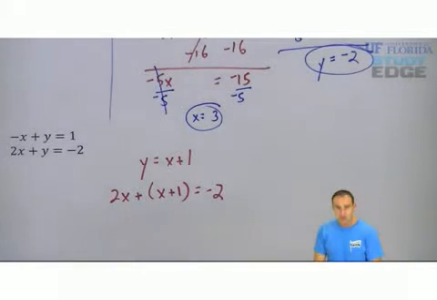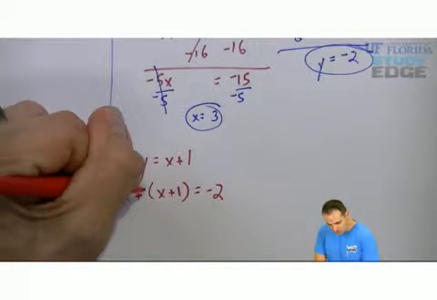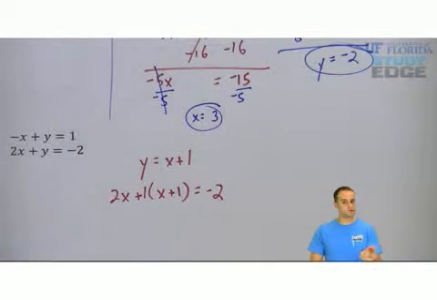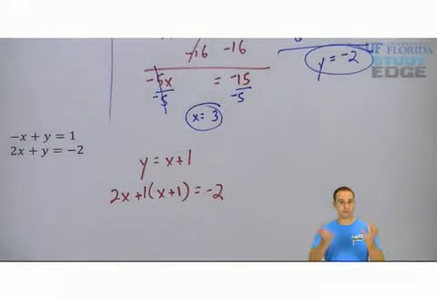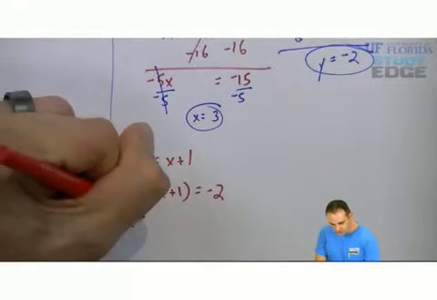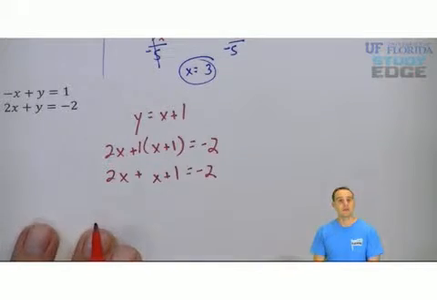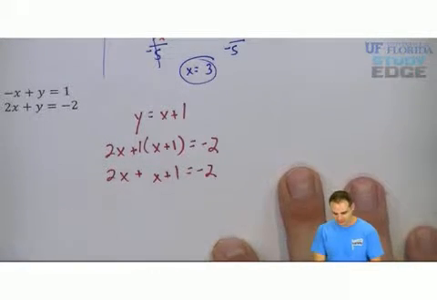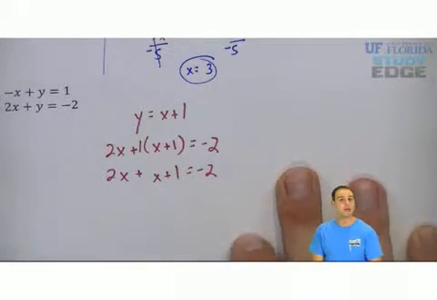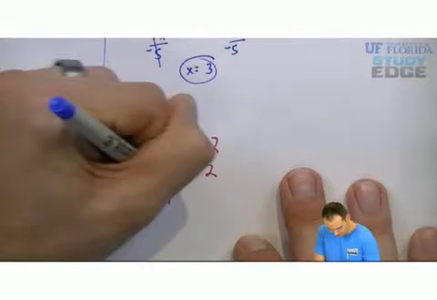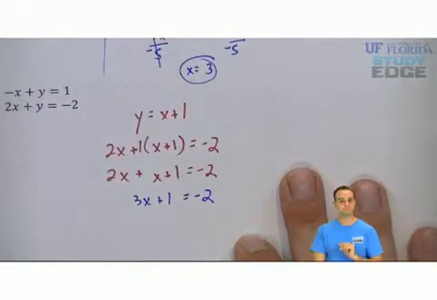So from here, distribute. Remember, there's really a 1 in front, so whenever you have addition with parentheses, you can remove the parentheses because you're just multiplying by 1. Combine like terms. 2x plus x will give me 3x plus 1 equals negative 2.